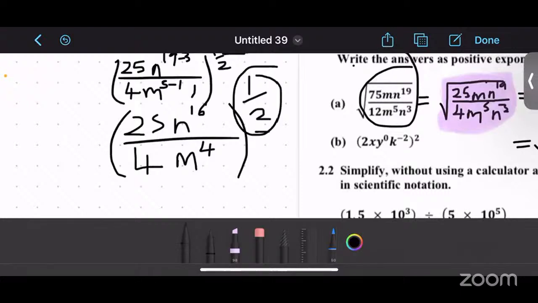The 1 over 2 that you're seeing over here is going to multiply every exponent in the brackets, okay? It's going to multiply each and every exponent inside the bracket. Do you guys get me? Yes, ma'am.